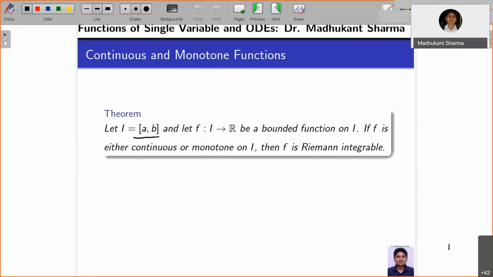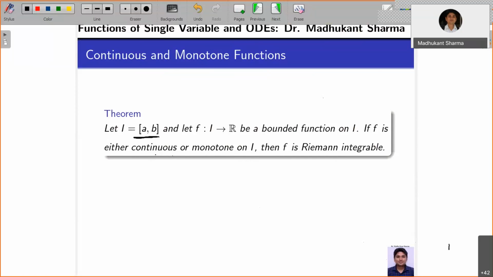That is what is important. The function may be continuous, but the interval may or may not be bounded. So the necessary condition is that the function must be bounded. Only then are you attaching other properties: if f is either continuous or monotonically increasing or decreasing on that interval, then f is Riemann integrable. That I leave as an exercise.